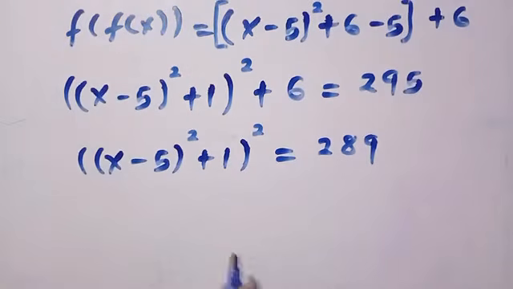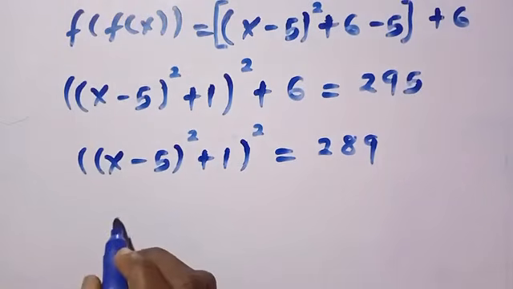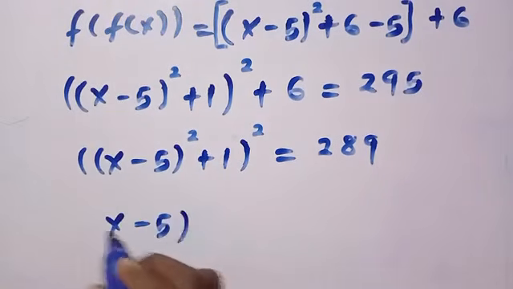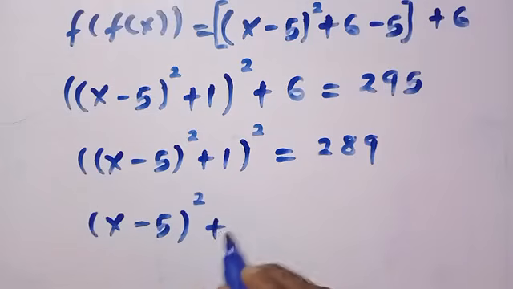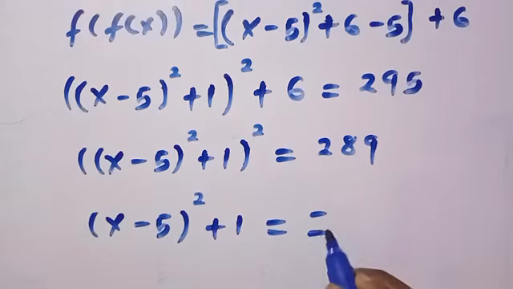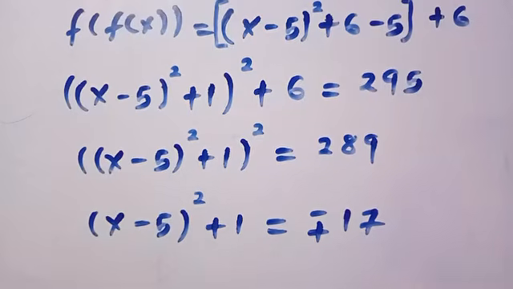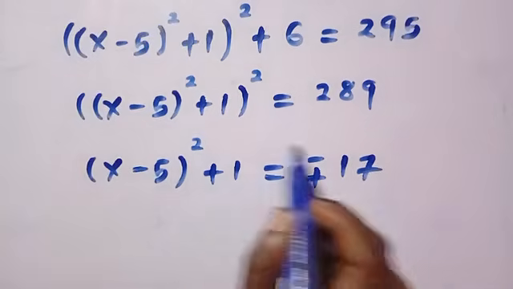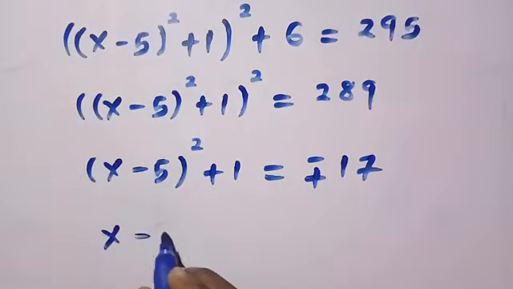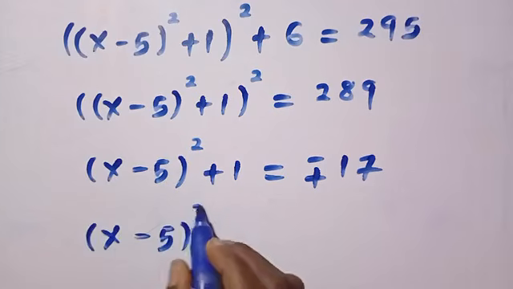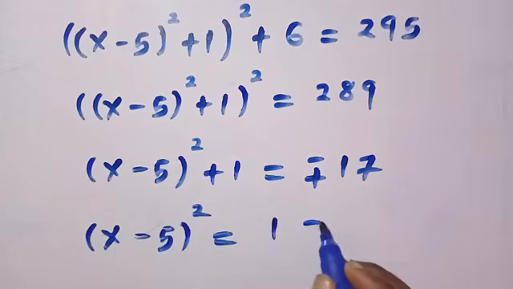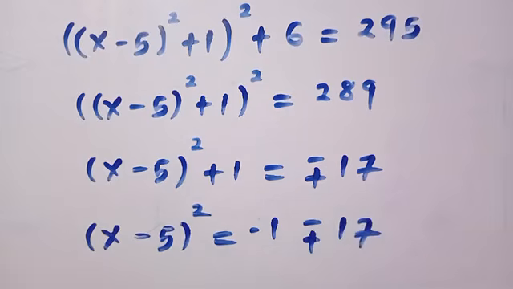By taking the square root of both sides, so this cancelled, and we have x minus 5 raised to power of 2 plus 1 equals, this is minus and plus 17. And we take the square root of it. Then if we take 1 here, we have x minus 5 raised to power 2 equals minus 1 plus or minus 17.